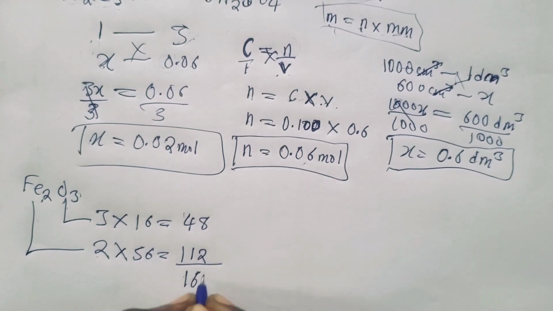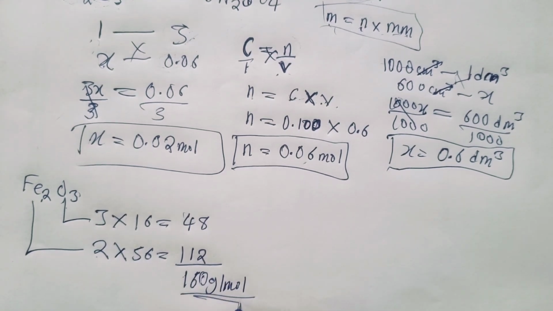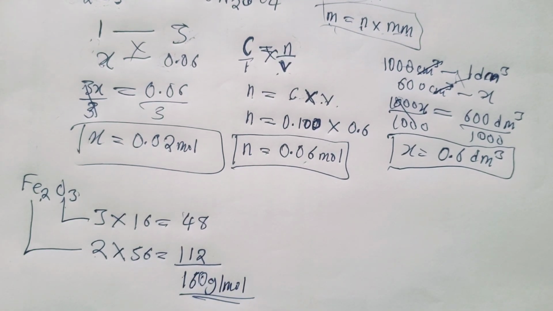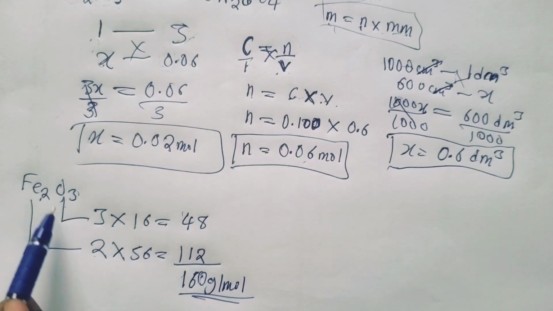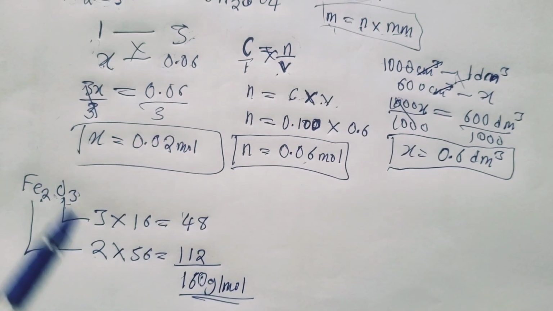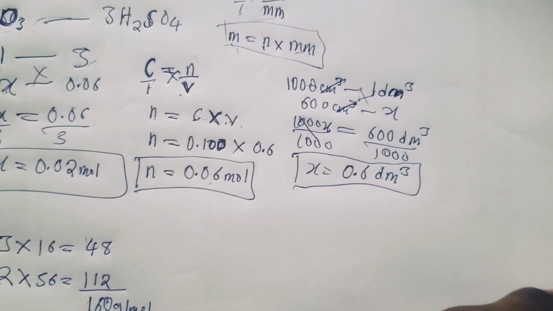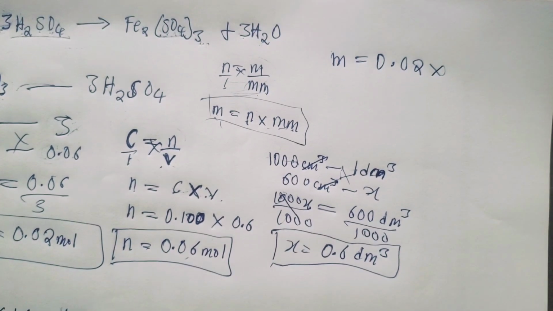That's 160 grams per mole. So this is the molar mass for what? For iron 3 oxide. When we balanced, if it had a 2 here, you have to multiply by 2 here. Very important.